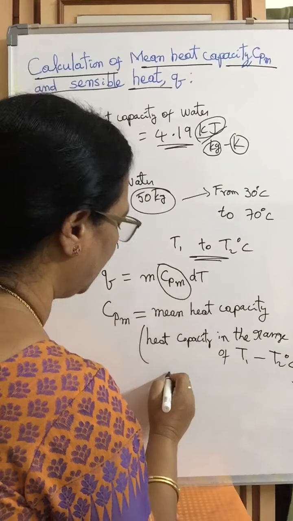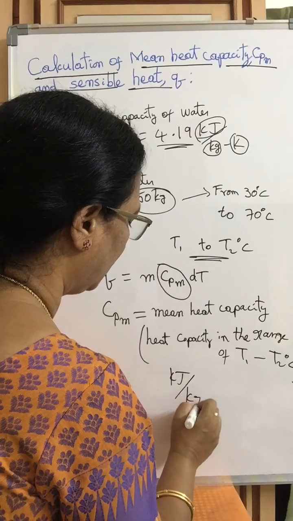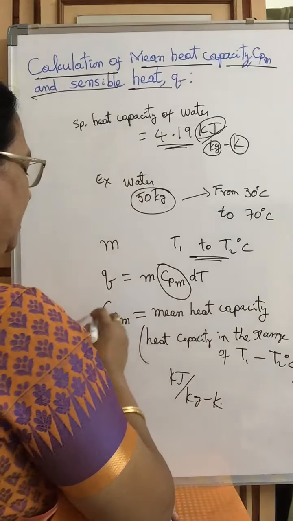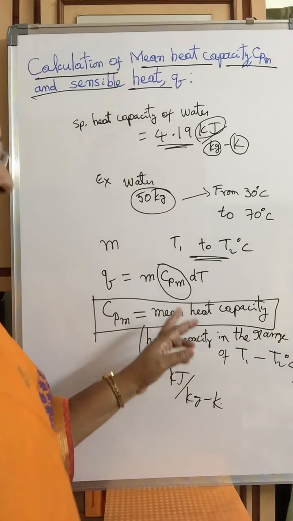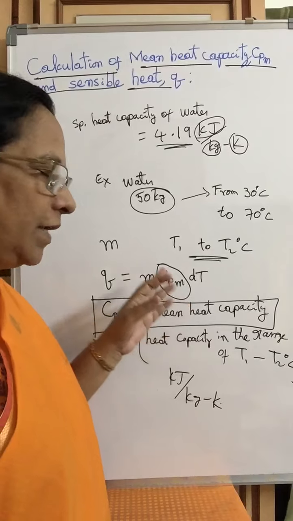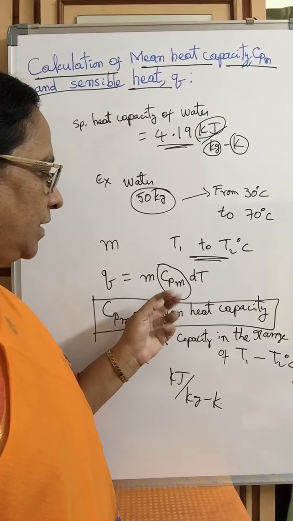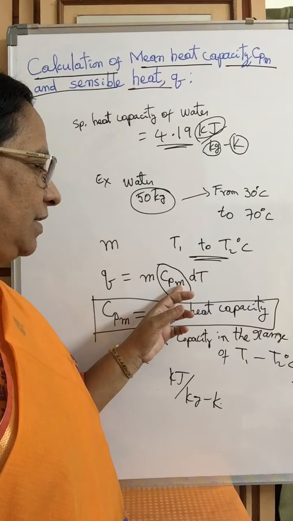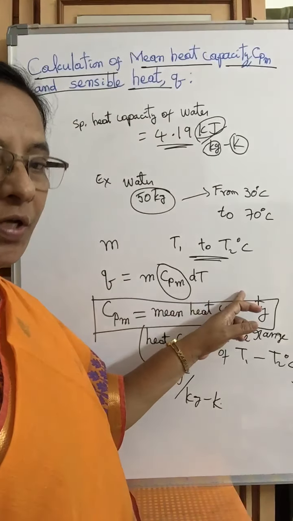Same heat capacity units only, kilojoules per kg per Kelvin. This is mean heat capacity. So we need to substitute here not just a specific heat capacity but the mean heat capacity, because it is in the range of T1 to T2.